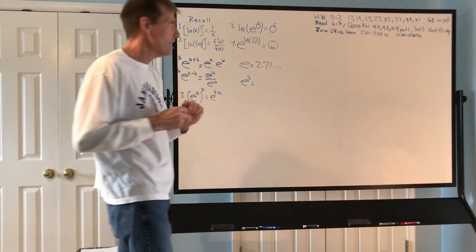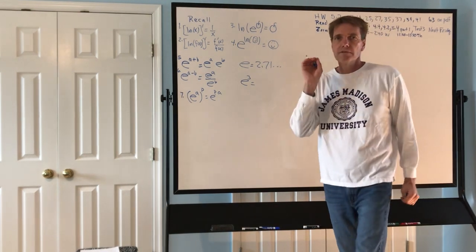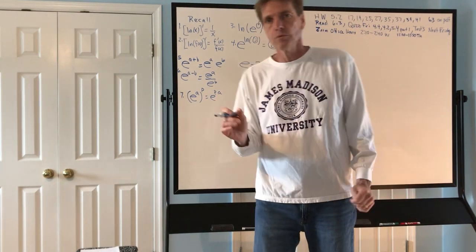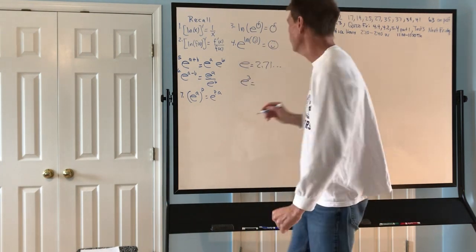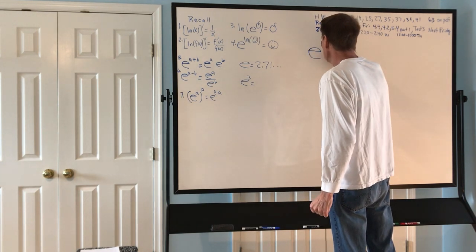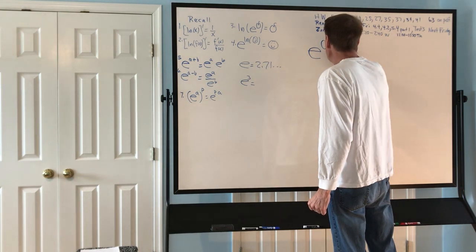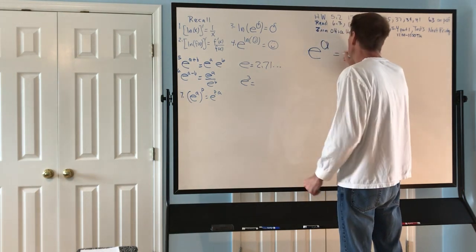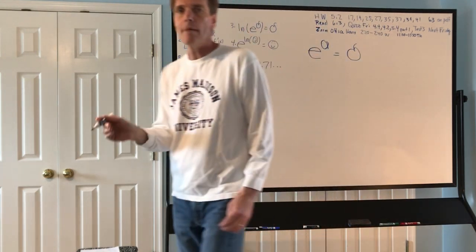To understand them, we just have to remember that the natural log undoes what the exponential function does, and the exponential function undoes what the natural log function does. So let's say e sends a to e to the a, and for lack of anything better, I'll draw an apple. e sends a to apple.